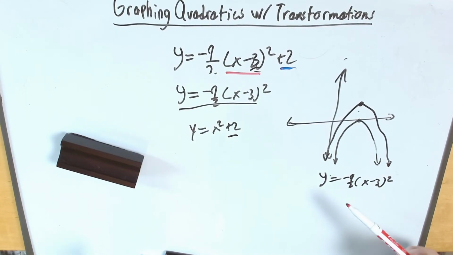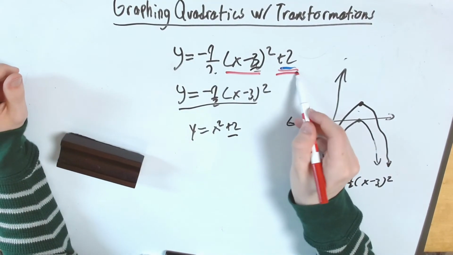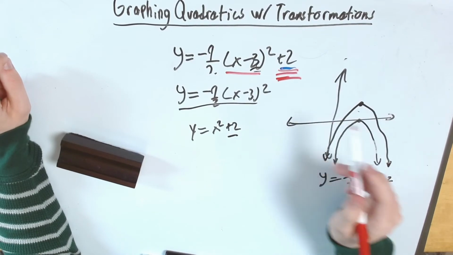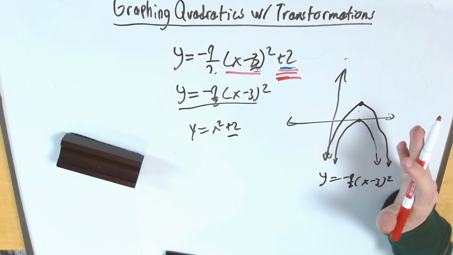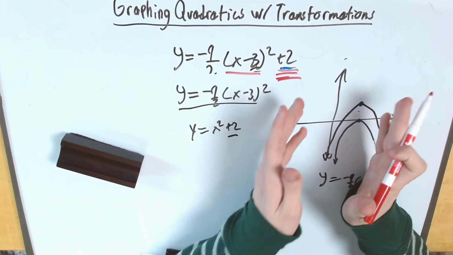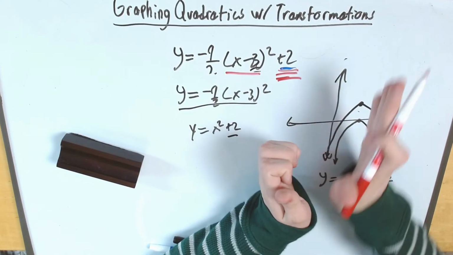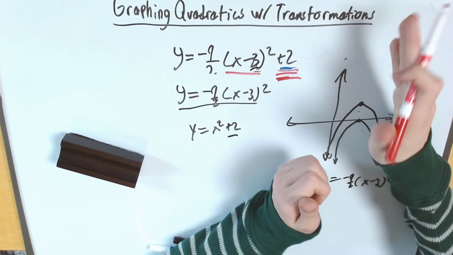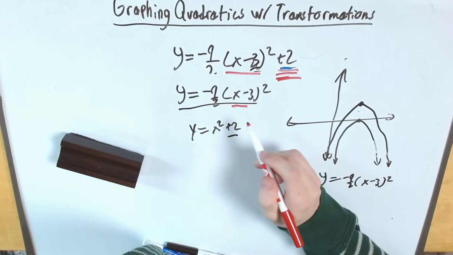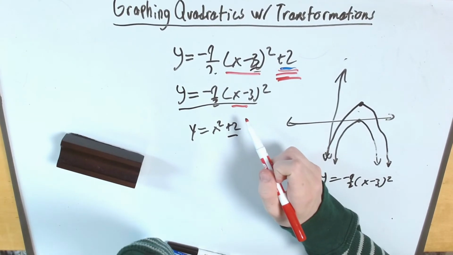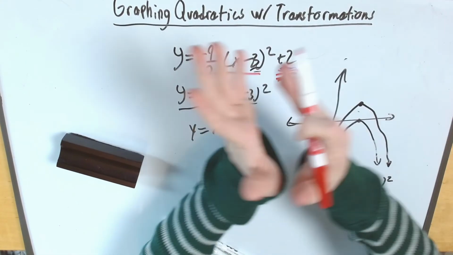So, to recap the rules, this constant value hanging out, that's referring to its y position, right? So if it's positive, that means you're taking your original graph, your x squared, and shifting it up. If it's negative, you're shifting it down, right? This x minus 3 squared, anytime you see this, it means you're shifting the graph horizontally.